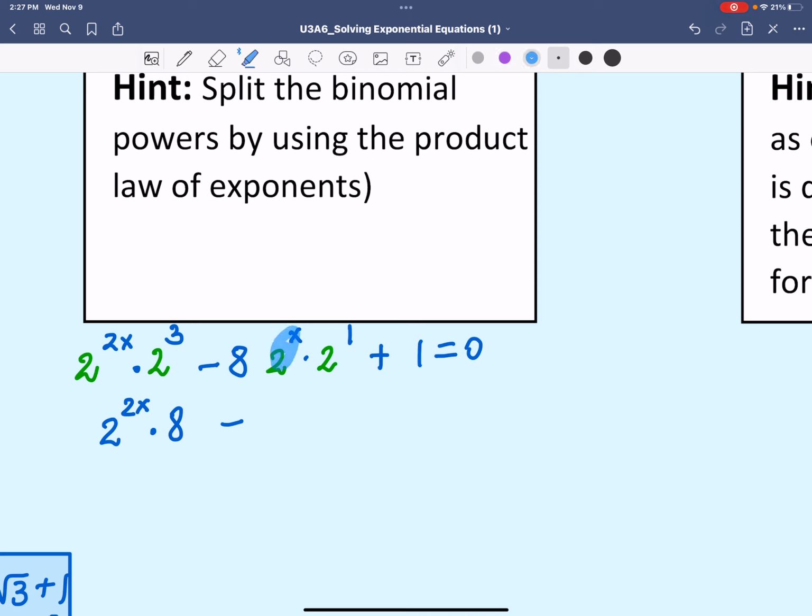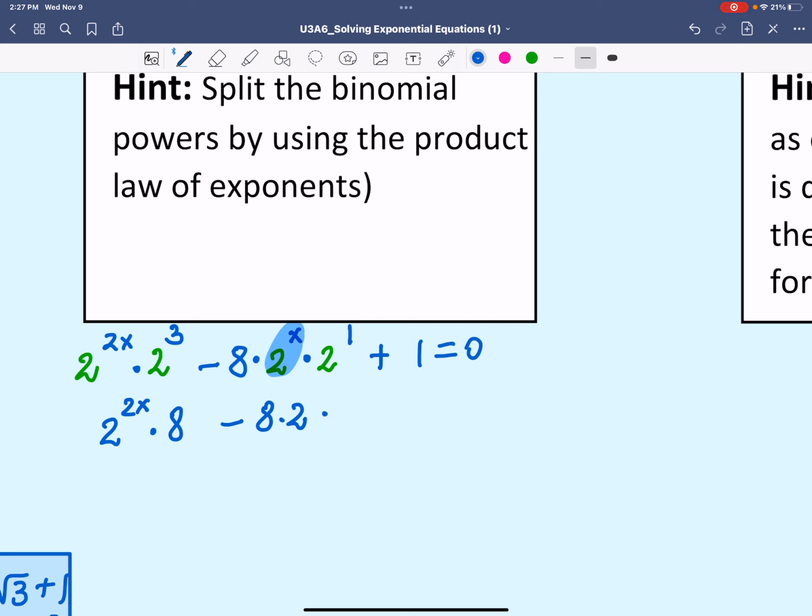So 2 to the power of x is one of the factors. And then we have 8 and 2. Now, because obviously we have multiplication between terms here, in multiplication the order doesn't matter. So we can multiply 8 by 2.